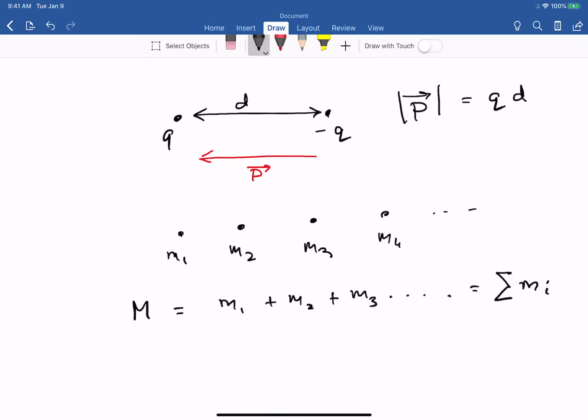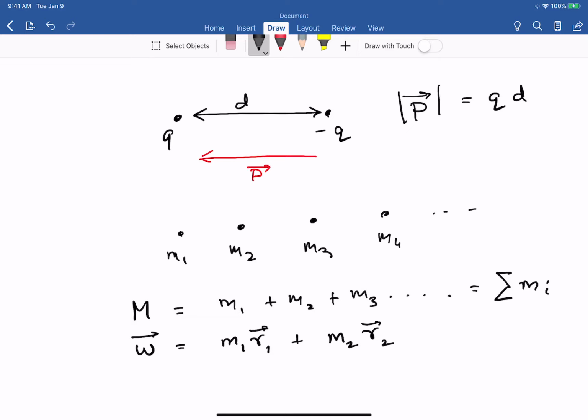All right, let's define a new vector W, which is M1 multiplied by the position vector of the first particle, plus M2 multiplied by the position vector of the second particle, and so on.